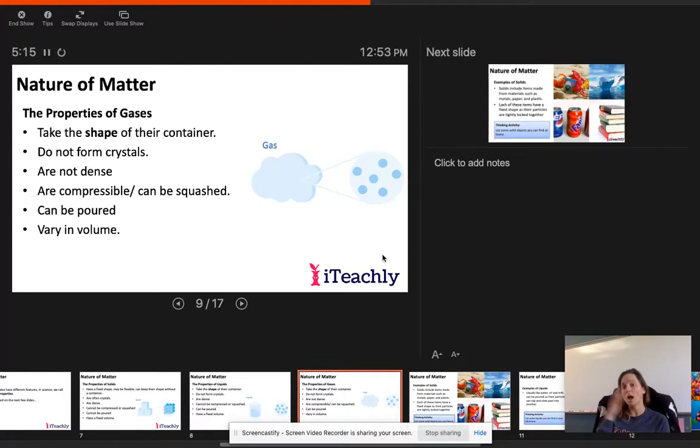Gases expand. These are not really considered dense, although they do have a density, because they can expand and go everywhere in a room. If I let a gas out of a container into the room, the room is now the container, and so it's going to spread out. You can compress it, and that means pushing it into a container, like a canister of oxygen or a canister of helium.